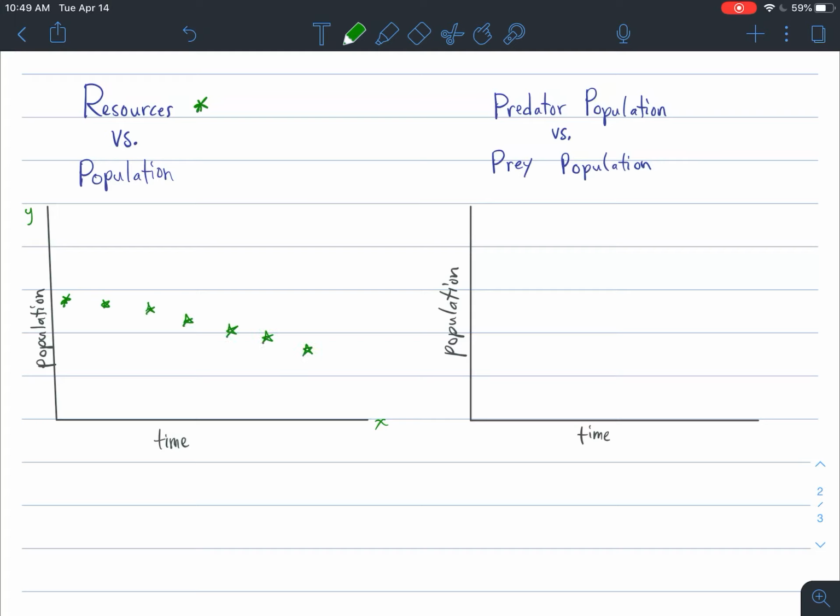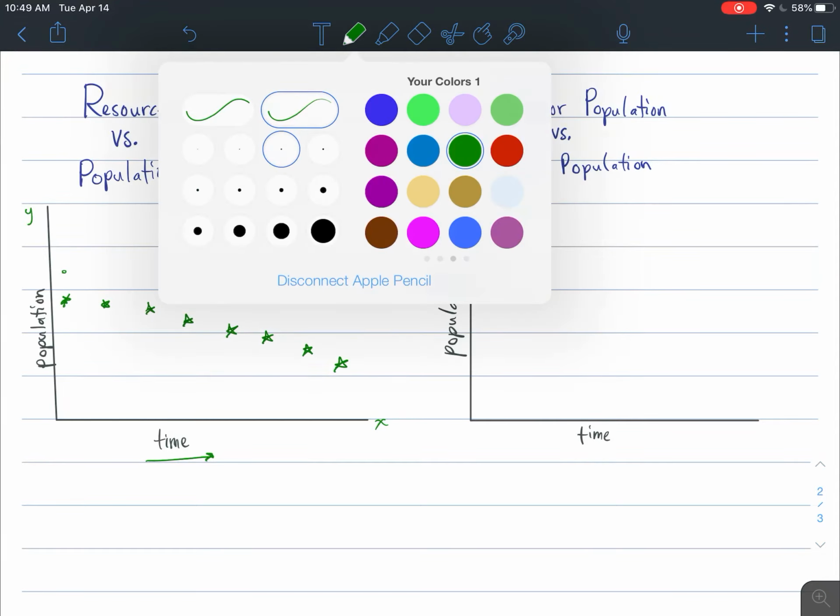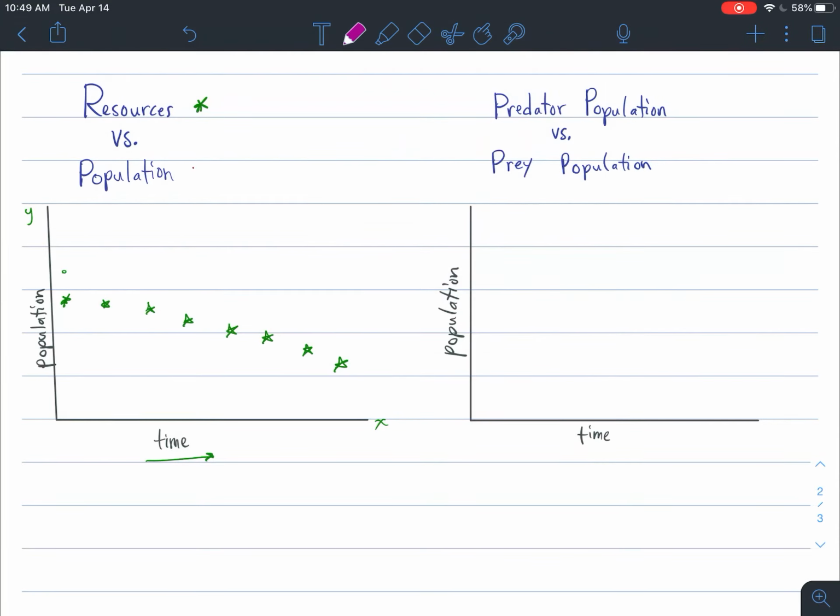Maybe there's a drought, or maybe it's the fall going into wintertime because time is moving on. How that typically impacts the population, let's use a square to show population, is that the population cannot be bigger than the number of resources.